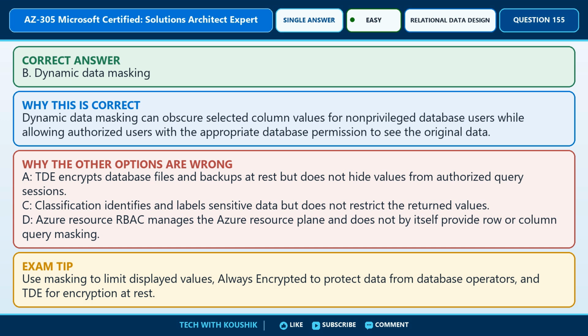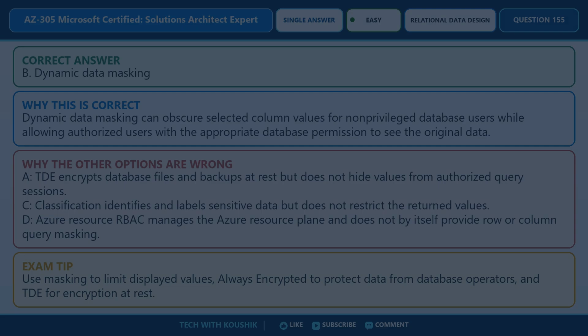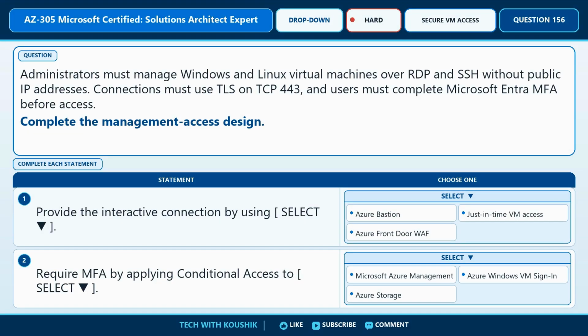C. Classification identifies and labels sensitive data, but does not restrict the returned values. D. Azure Resource RBAC manages the Azure resource plane and does not by itself provide row or column query masking. Exam tip: use masking to limit displayed values, Always Encrypted to protect data from database operators, and TDE for encryption at rest. Now consider question number 156.